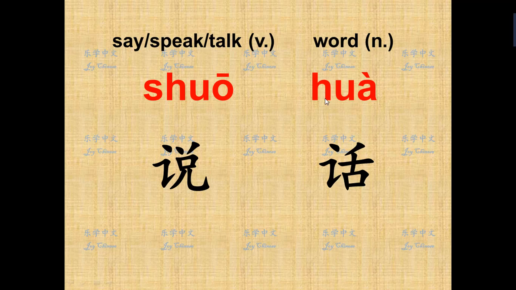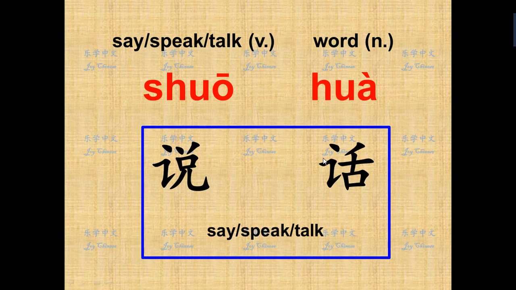Huà is a combination of h and ua. We first learned these finals in the last video. Huà is a noun, meaning word, something you are talking about. So 说话, when you combine these two together, is again a verb, meaning talk, say, or speak. 说话.